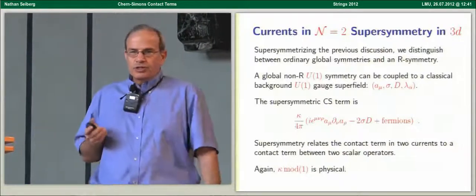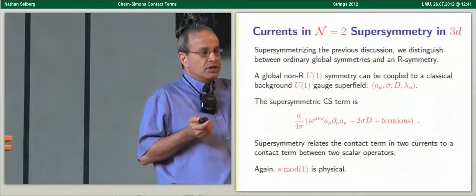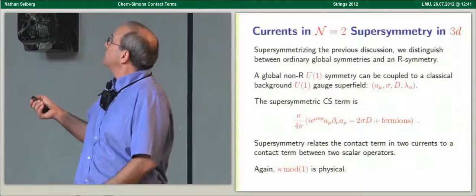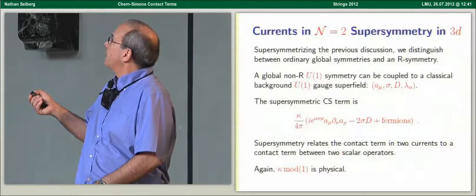For an ordinary symmetry, the U1 current is in a multiplet with other fields, and correspondingly it couples to background gauge field, and the U1 gauge field is this little a mu, but there are additional scalars, sigma and D, and a fermion lambda alpha.